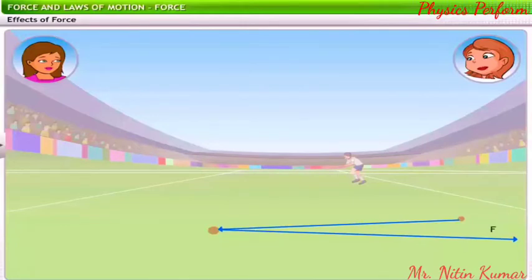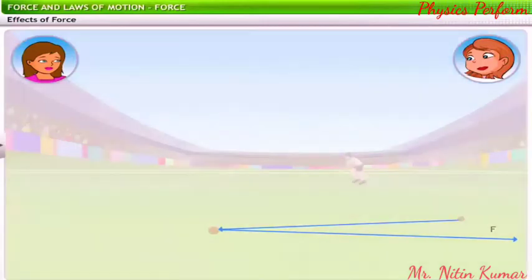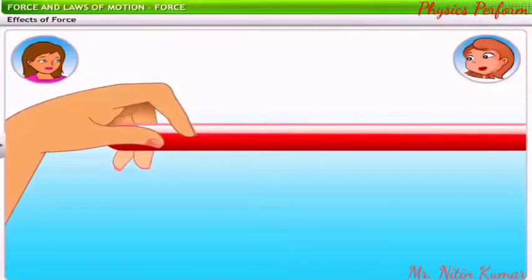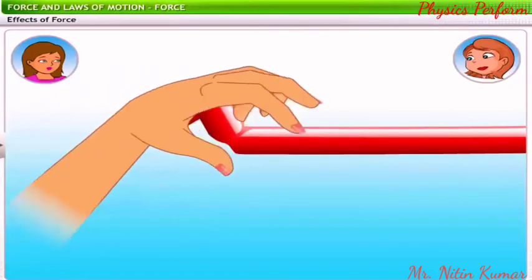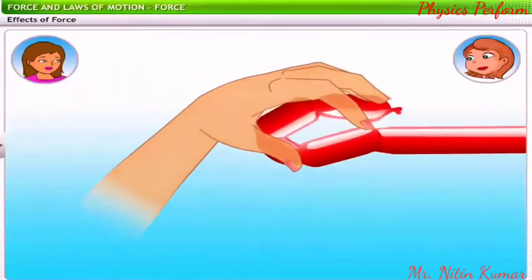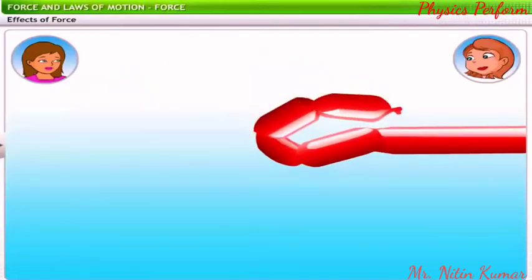And how does force affect the shape of an object? You may have noticed how a balloon man creates figures from balloons. Yes. They do that by squeezing the balloons in different places on the balloon. Right. By squeezing, they are applying force on the balloon.